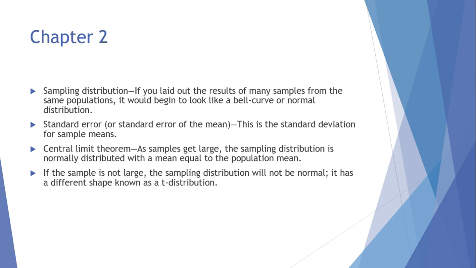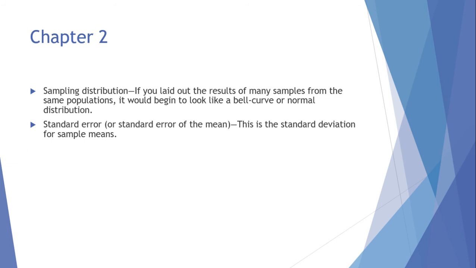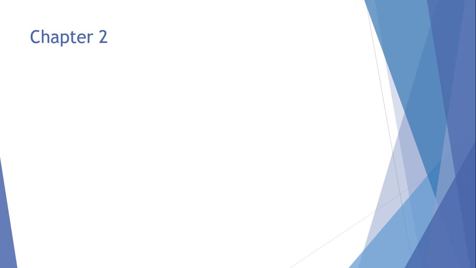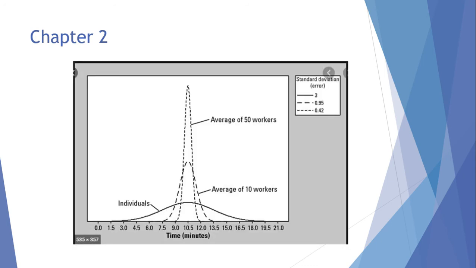It's called the standard error, or the standard error of the mean. This is the standard deviation for sample means. Now, again, more abstract here. What this standard deviation for sample means is, if we go back to this example here, that if you laid out a whole bunch of results for a whole bunch of samples, the standard deviation refers to how far your typical one is going to be away from the mean, the center, right?